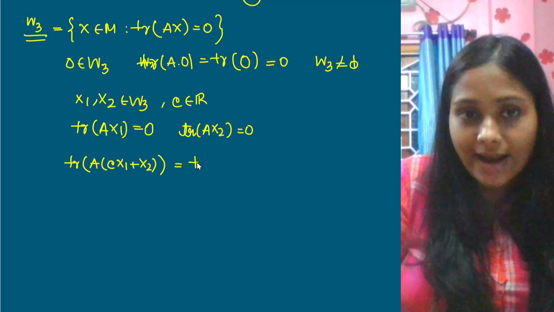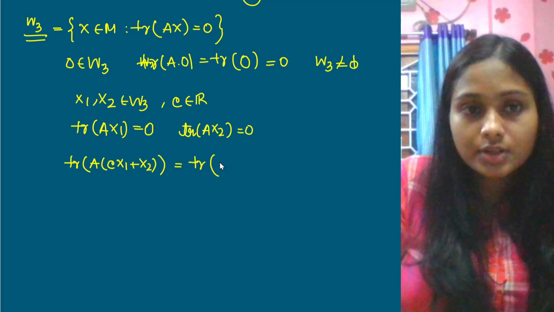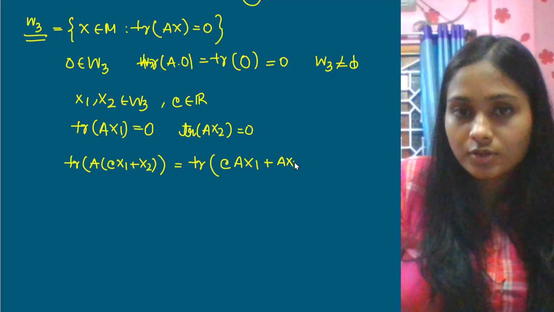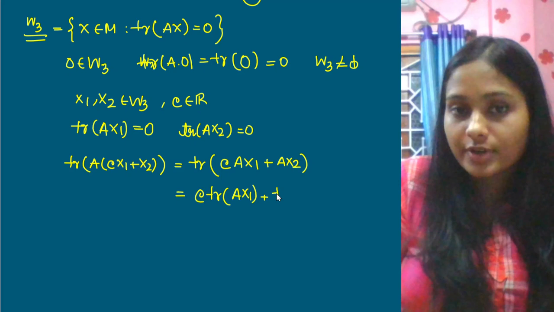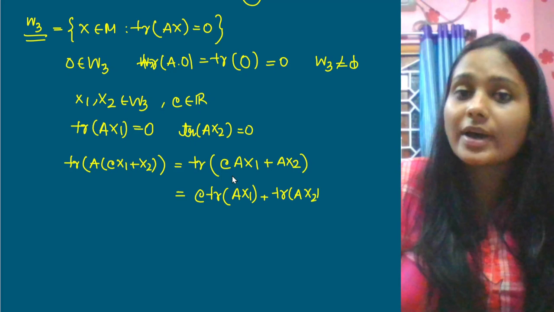So, we can write this as trace of C into Ax1 plus Ax2. So, this is C into trace of Ax1 plus trace of Ax2. This is by the property of trace of a matrix.